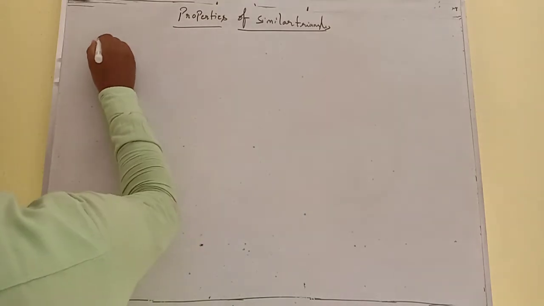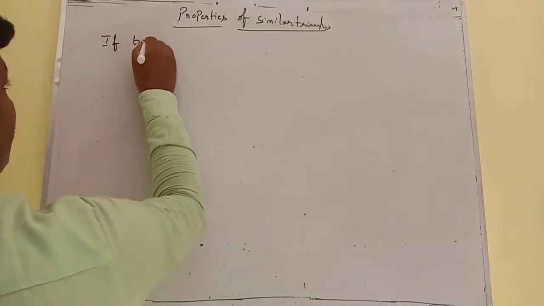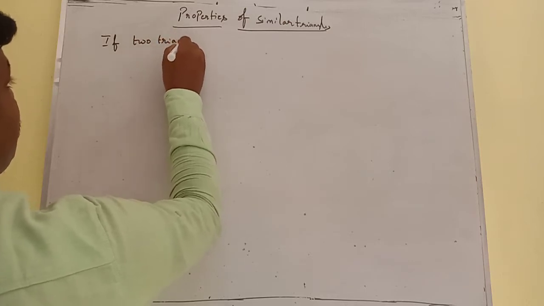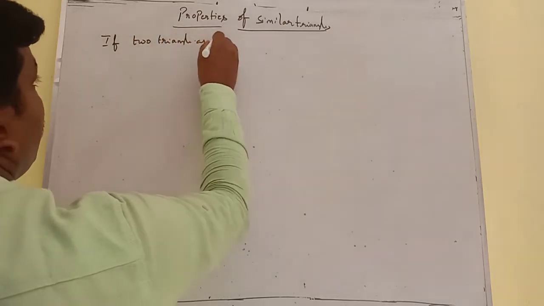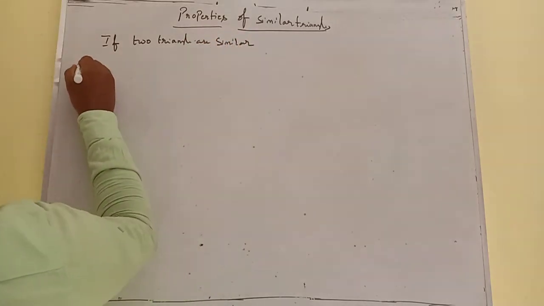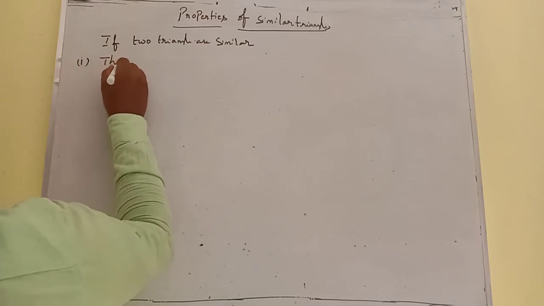So if two triangles are similar, the first condition is their corresponding angles are equal.